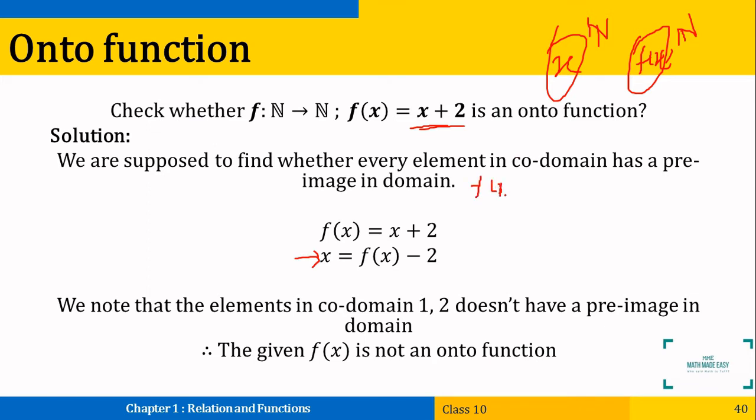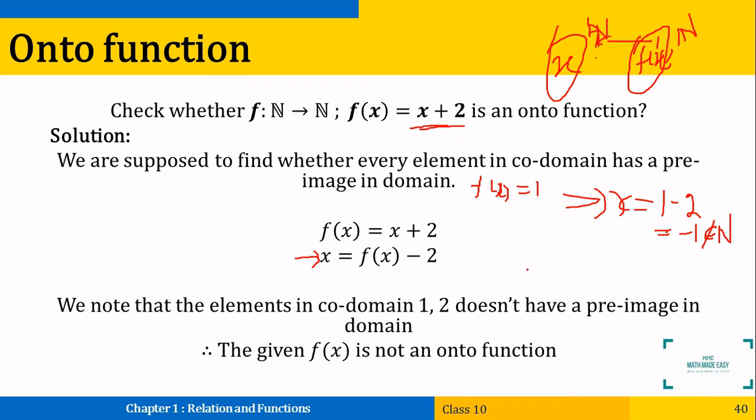Let's take the value f of x to be 1 now. Considering the inverse here, x equals f of x minus 2, where f of x is 1. So 1 minus 2 is minus 1, which does not belong to natural numbers, right? So when f of x equals 1, that element in the codomain, 1, does not have a pre-image.